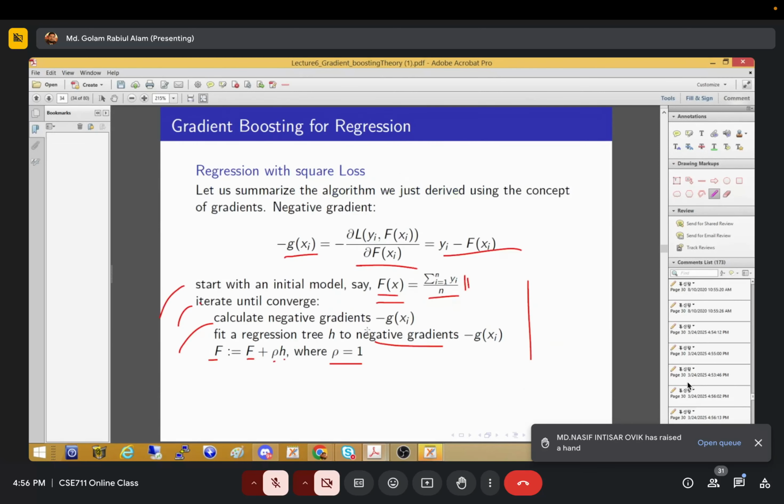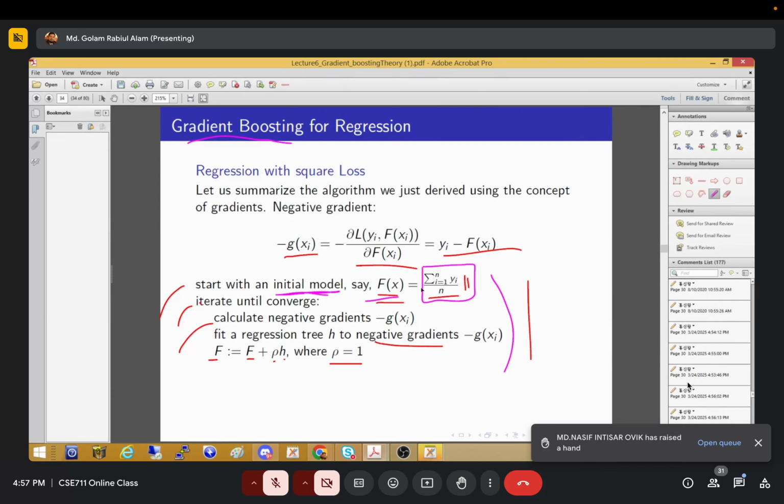Then finally, what we can write for this case: start with an initial model for gradient boosting, let's say f of x. In our game example, we assumed that one of my friends gave us that model. This is the very basic model f of x. We can build such a model by just averaging the values.